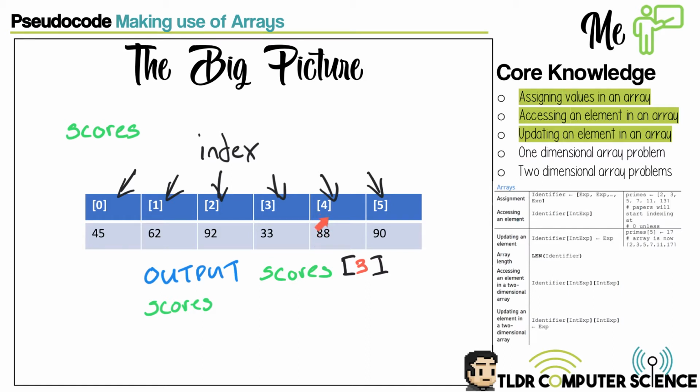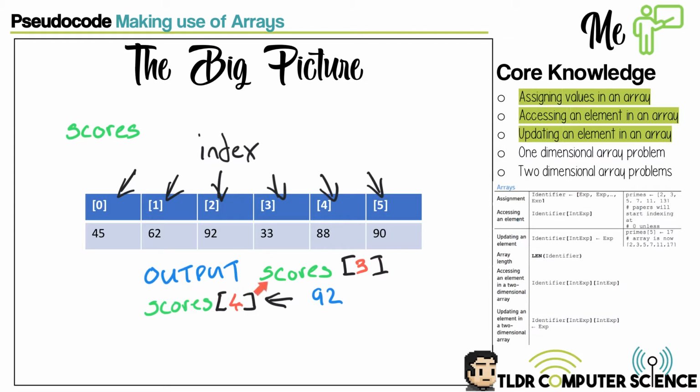It's held at index 4, so if I want to change that, I need to do square brackets, the index is 4, and then draw the arrow to update, and the new value, which is, what did I say? I think I said 92. And what that will do is place 92 into this position here.